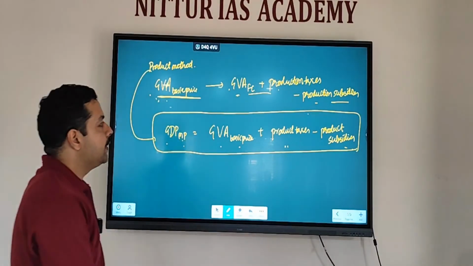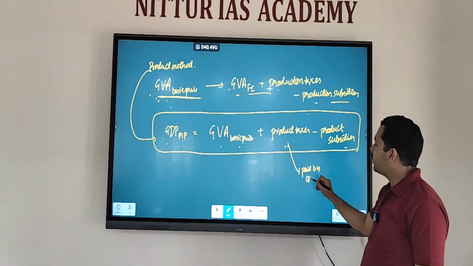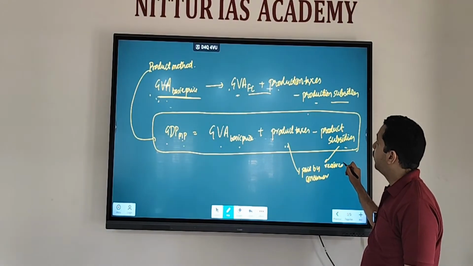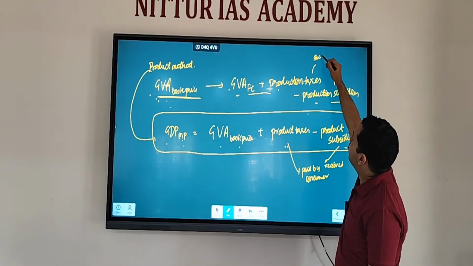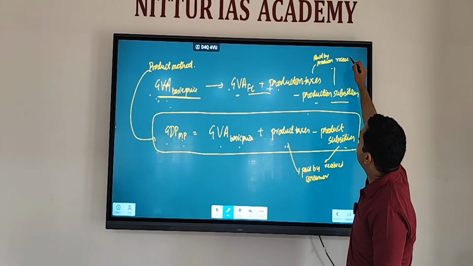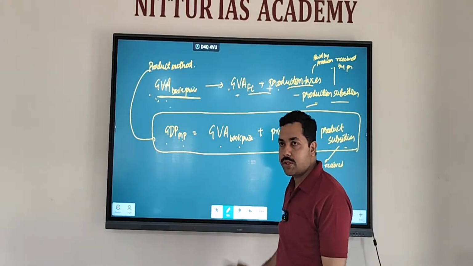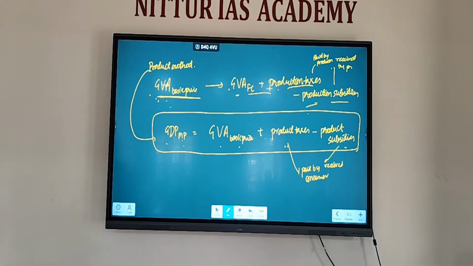So remember that these are paid by the consumer and received by the consumer, while production taxes and production subsidies are paid by the producers and received by the producers. So keep in mind the differences between production taxes, production subsidies, product taxes and product subsidies. Fine, any doubt regarding this one? So this is the first method to calculate GDP, which we call the product method. Fine, any doubt regarding this particular thing?